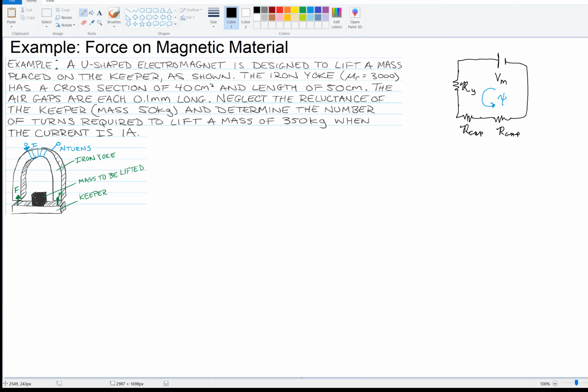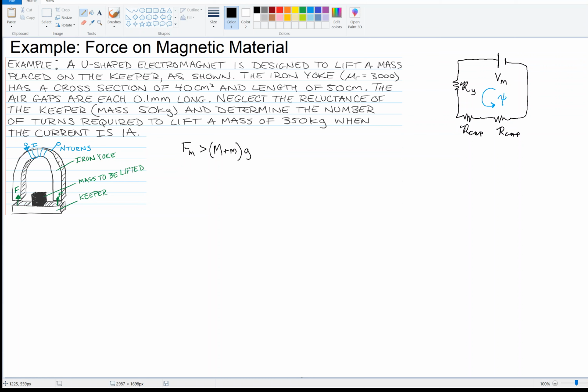Now, in order for this thing to move, to support the mass, then in the y direction, the magnetic force, at least we'll work in terms of magnitudes here because this is the positive y direction, has to be greater than the mass of the object plus the mass of the keeper times gravity.